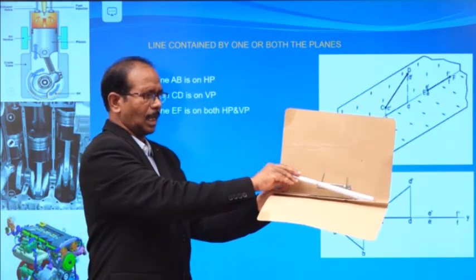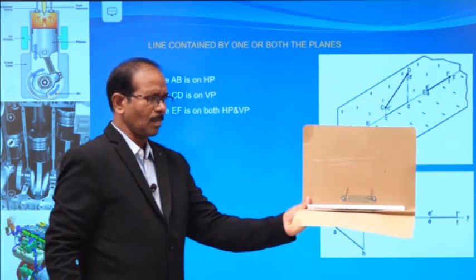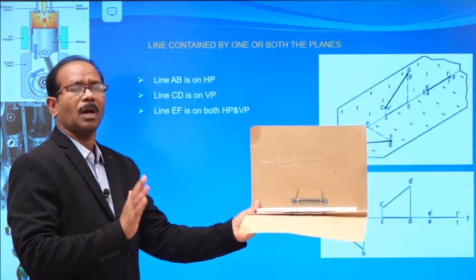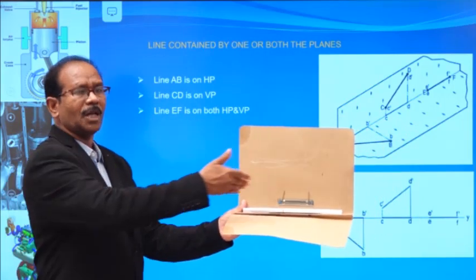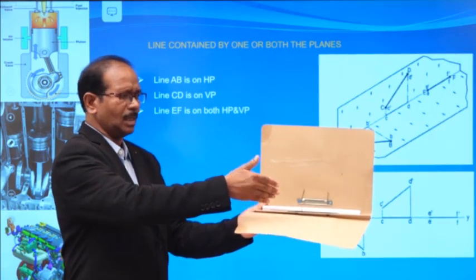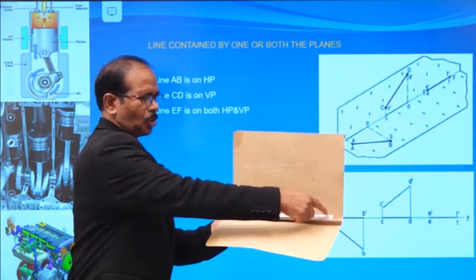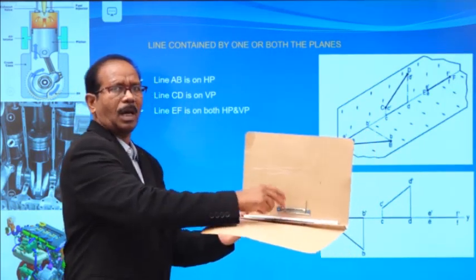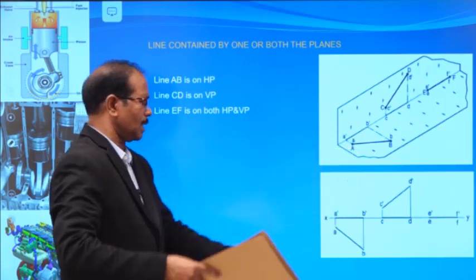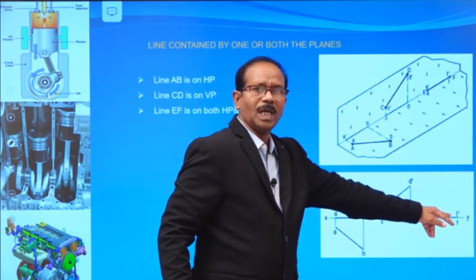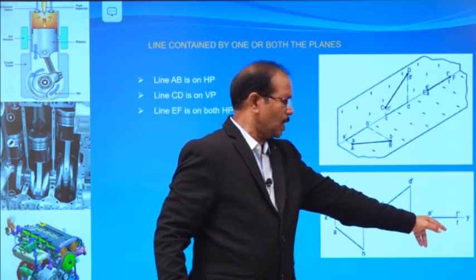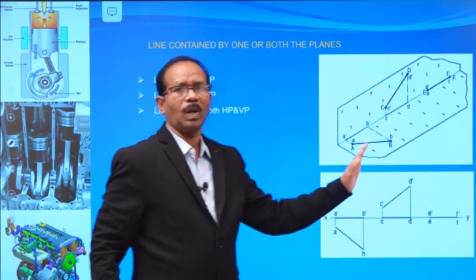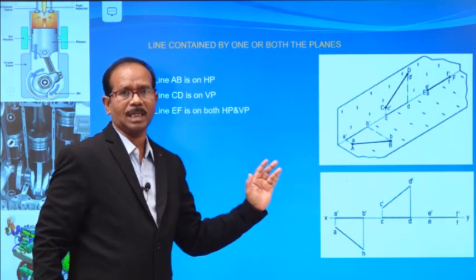Now another condition is line on both the planes. Line on HP, on VP. Now on the reference line, the line, its top view, its front view, all are at one location. That is the answer. E dash F dash is front view, EF is its top view. Now this is the second condition.